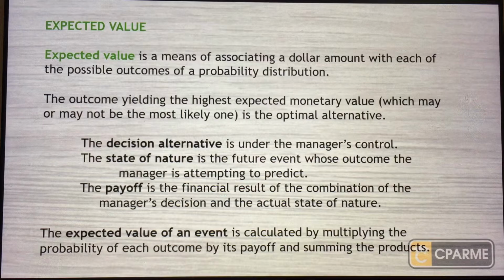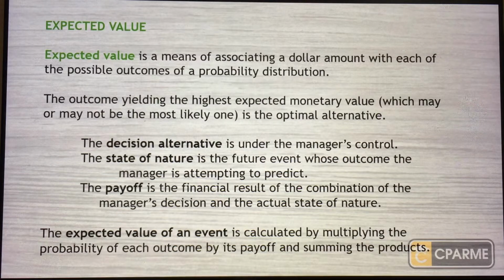We just associate the percentage or probability against the payoff. For revenue, we choose the highest, and for cost, we choose the lowest. I think I have a lot of examples in the next slides, and you will appreciate it more.